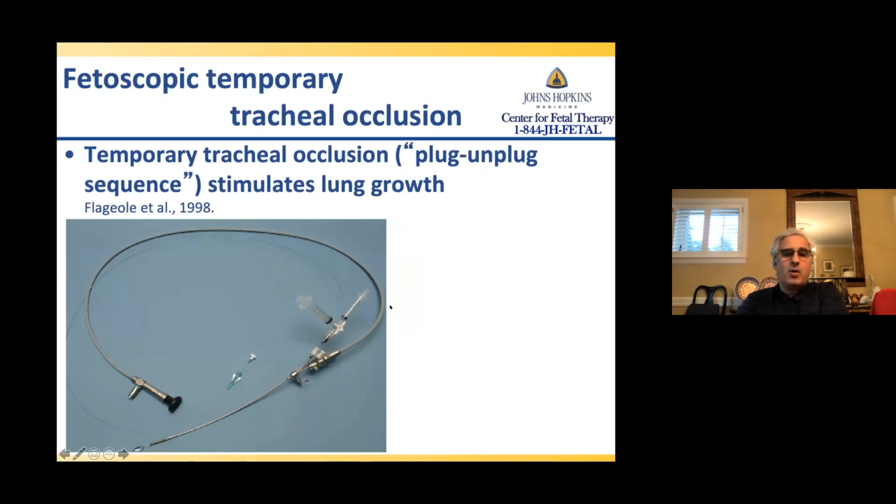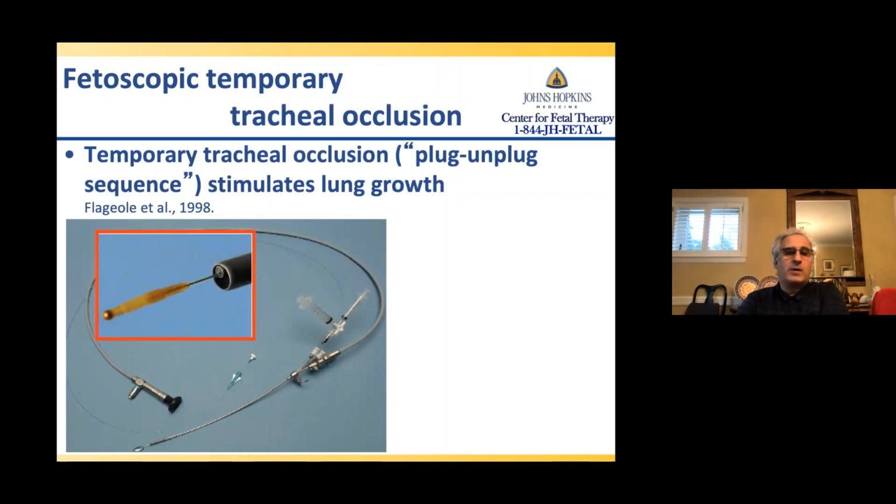Now, this is a purpose-developed scope, and what that means is this is based on all other fetoscopes that we use, but there are some modifications that make it a different scope, and that means that it goes under different regulatory entities, and in order to use it in this country, you need an investigational device exemption to even bring it in here.